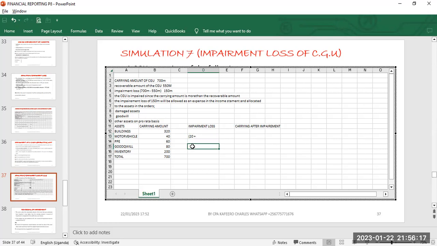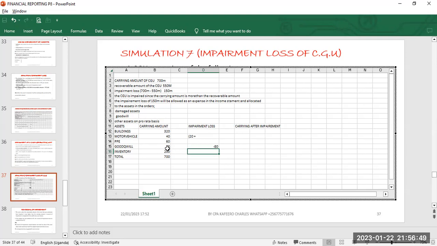Then the second item, of course, we look at the goodwill. The goodwill had 80 million. We remove that 80 million, and this one is supposed to be deducted. So put it in, 80 million. What you have to understand from here is that if you add this one plus this one, those give you 100 million.